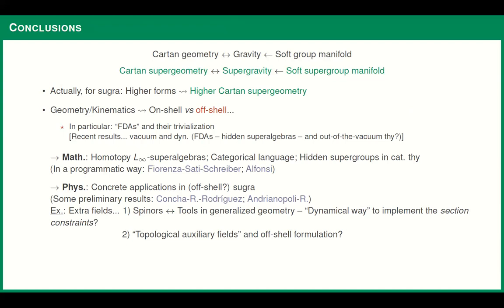And also the way in which geometry and kinematics can actually be relevant, and a better understanding of the geometry can be relevant in understanding the interplay between different degrees of freedom, as I was mentioning before, at the level of the free differential algebra and its trivialization.